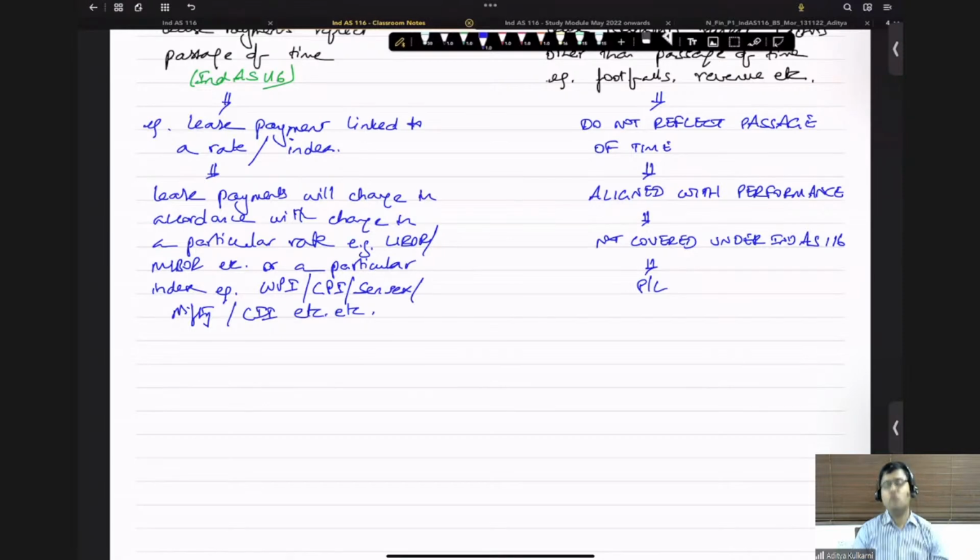See, you are going to enter, say, into a 15-year lease contract. Since it is 15 years, you will say, I need escalation, because after 15 years my inflation will be very high, so this rent alone will not continue. The lessee will say, I understand, but what is the escalation?